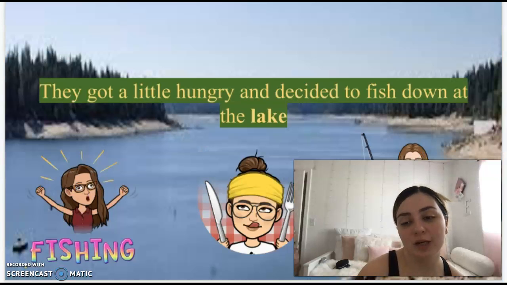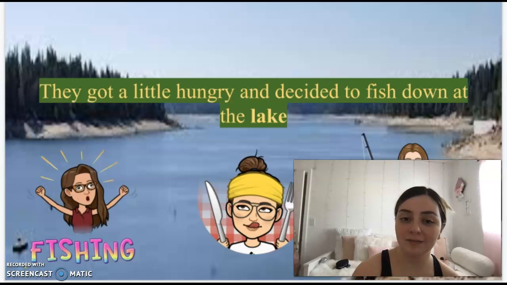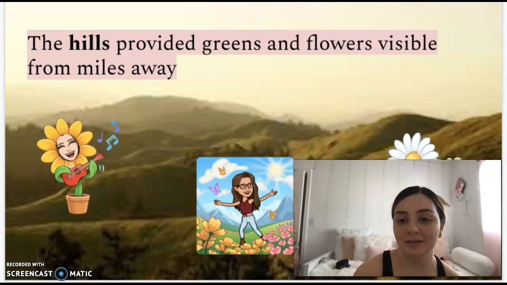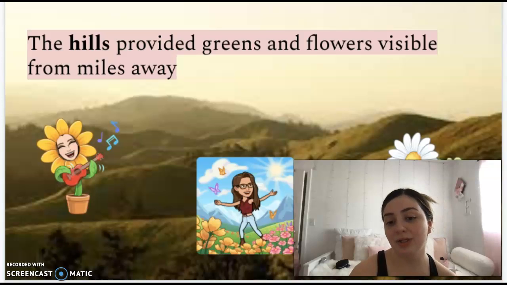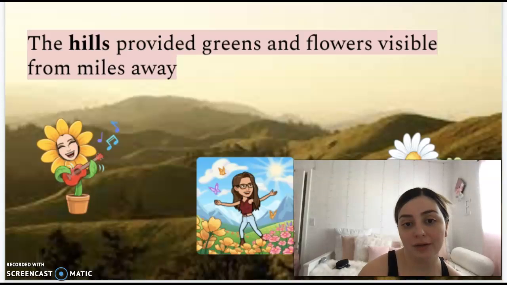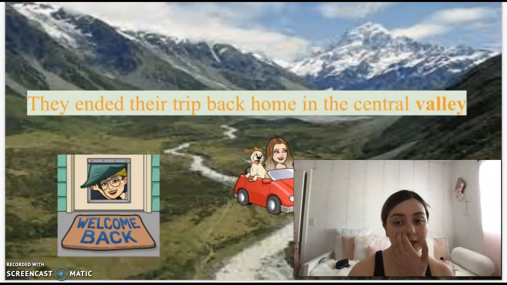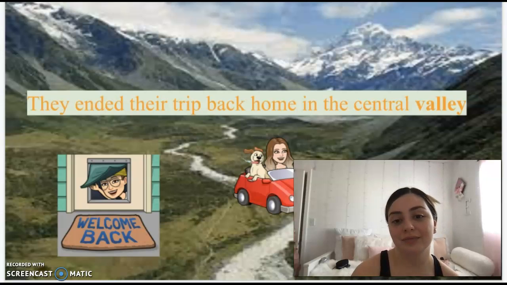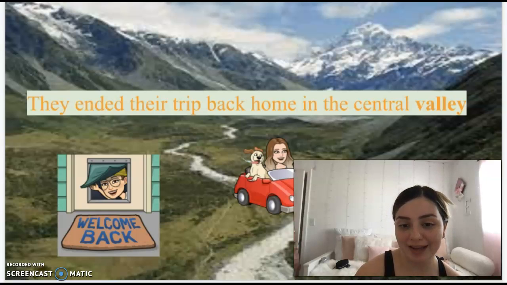And then we were also able to go over the lake, how there's fish, so we got hungry and decided to go fishing. Next, we also provided a picture of the hills, where there's lots of greenery and flowers and smaller mountains and so forth. And then on our way home to the valley, that's when our trip ended.